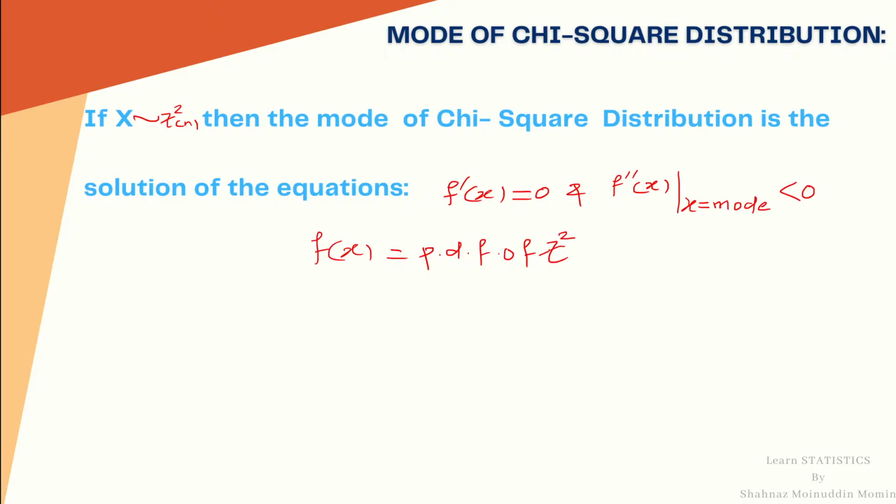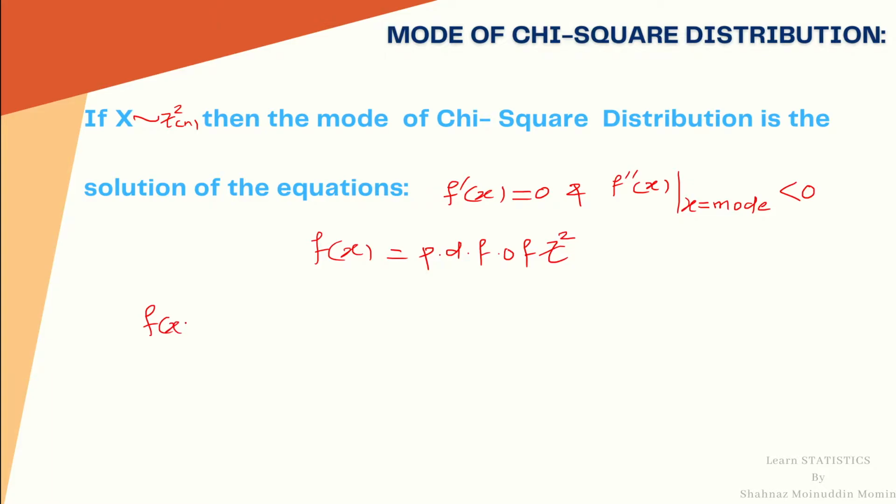This means that mode is the value of x for which the PDF of chi-square distribution attains a maximum value. In order to obtain mode, let us consider the PDF of chi-square distribution.